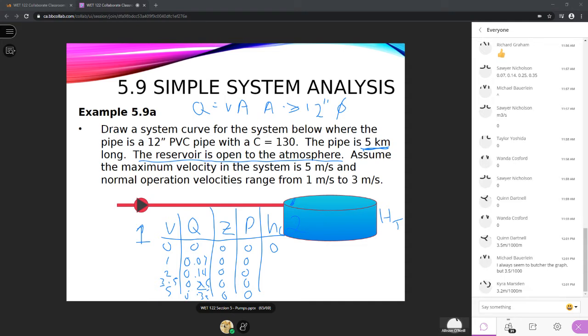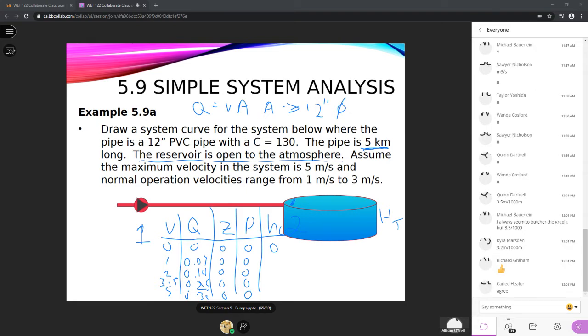It's okay. All right, so it seems like people are getting 3.5-ish per 1,000 meters for the slope of number 1. Okay, so then you're going to times that by 5,000, and you'll end up with the head loss for when your velocity is 1.